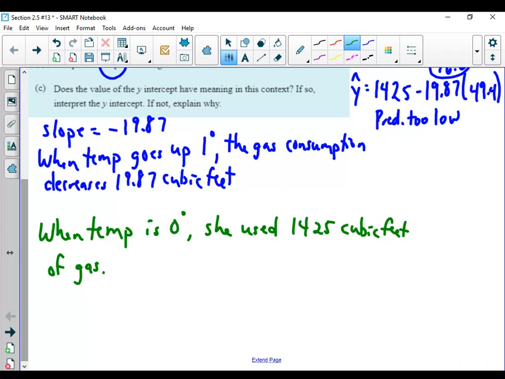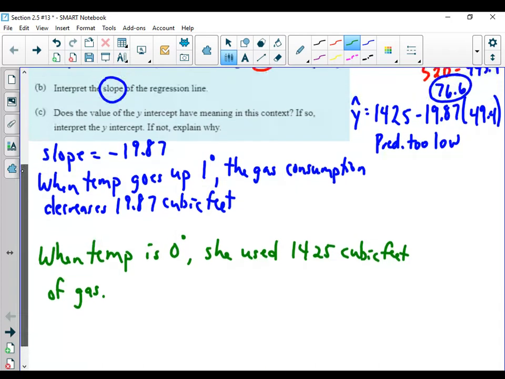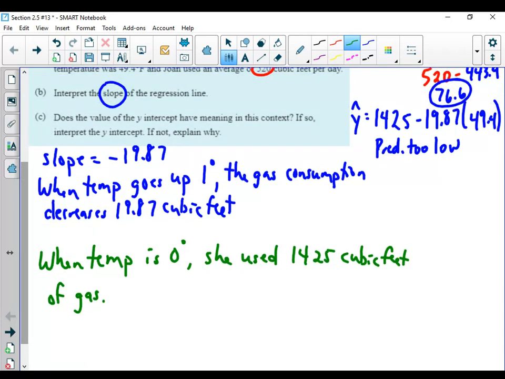So that one actually did make sense. We had one the other day where it did not make sense. Did the slope being negative make sense? In other words, as the temperature goes up, did it make sense that we'd use less gas? Yeah, because the warmer it is, the less you're going to have to use your heater, right? So as the temperature goes up, you don't have to turn on the heaters. So that one makes sense as well.